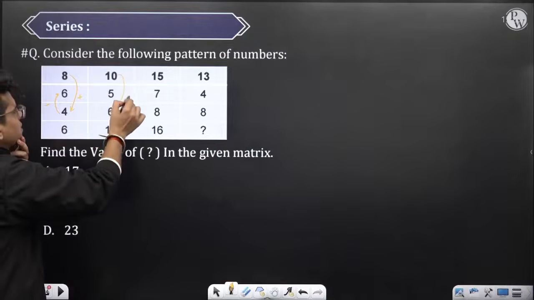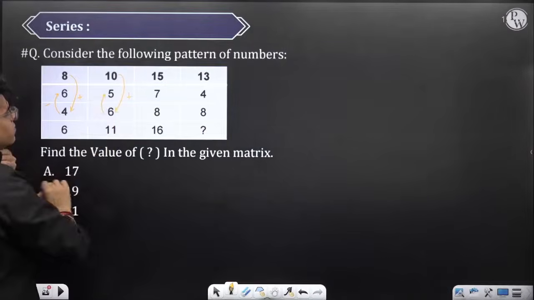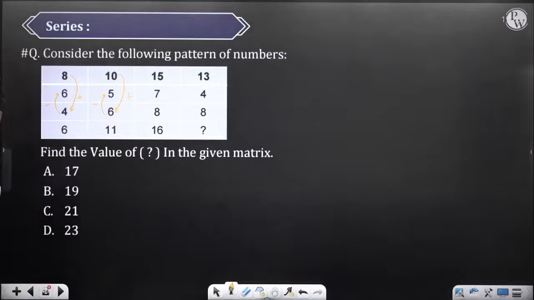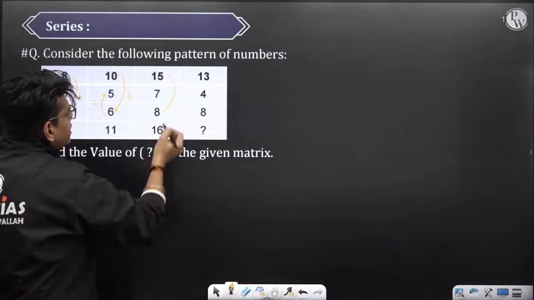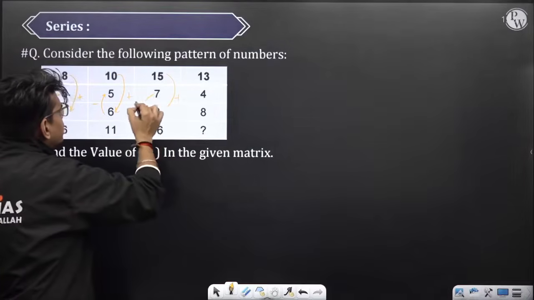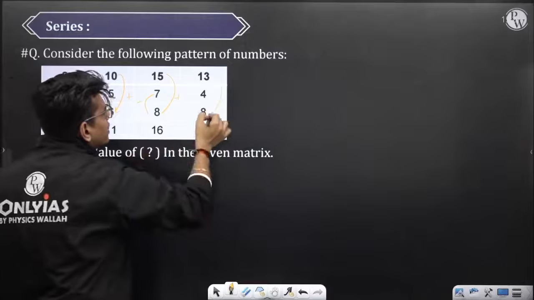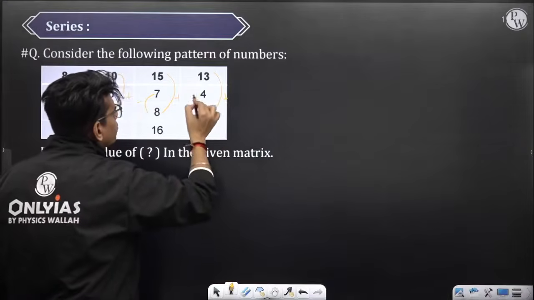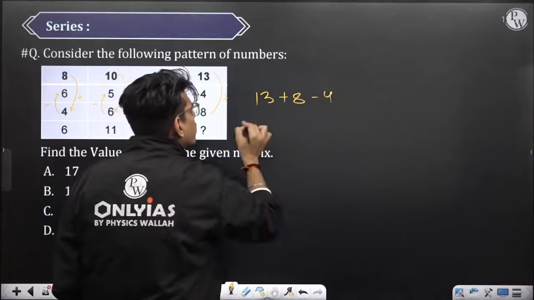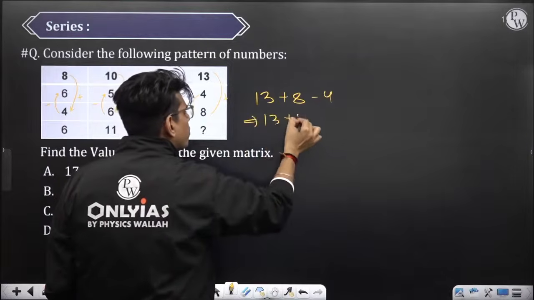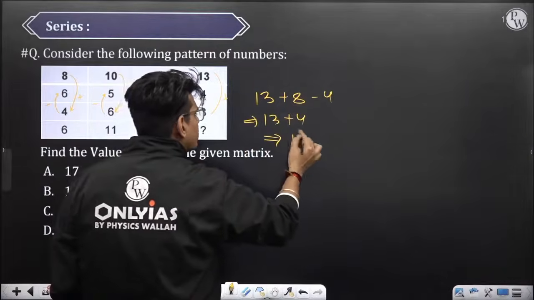10 plus 6, 16 minus 5, 11. Again 15 plus 8, 23 minus 7 is 16, plus minus. Again 13 plus 8 minus 4, so 13 plus 4, 17.